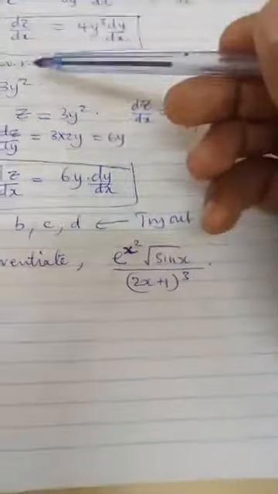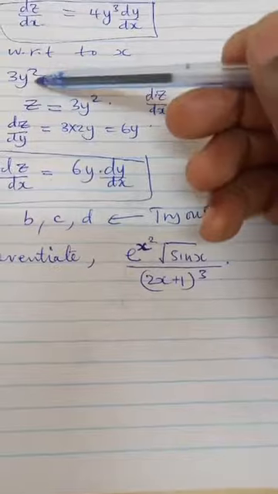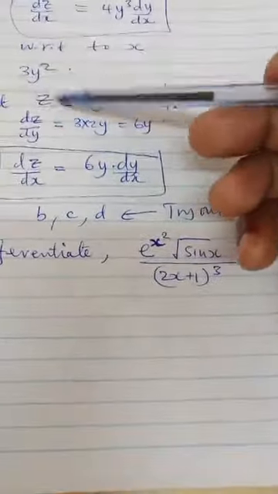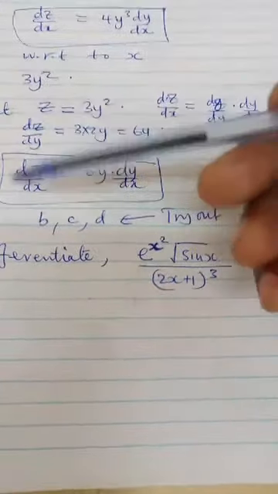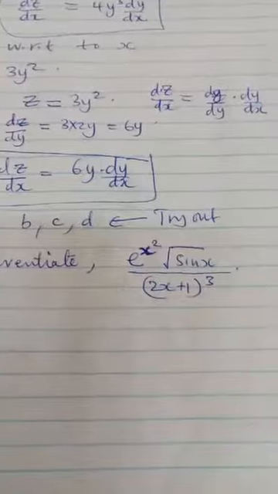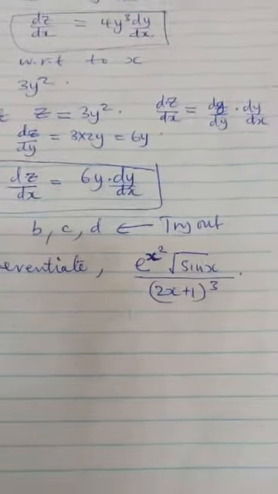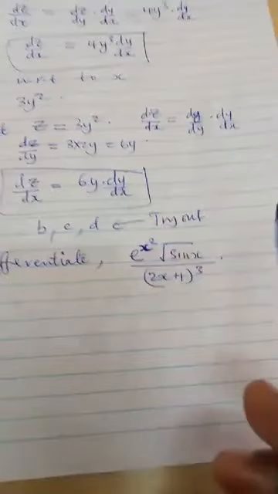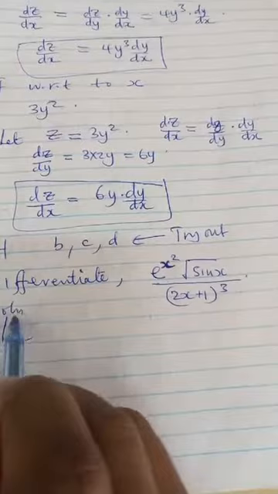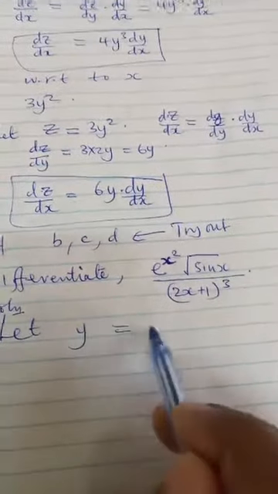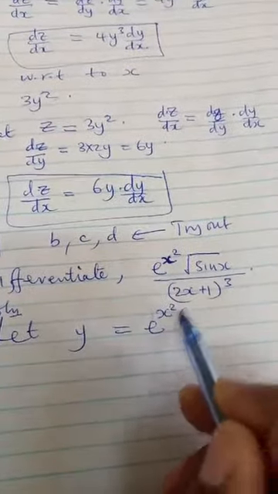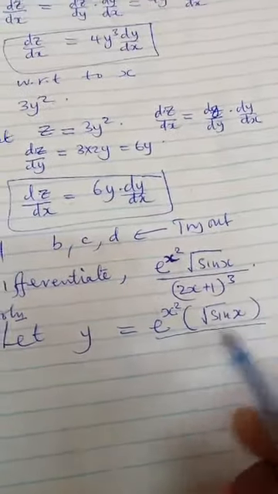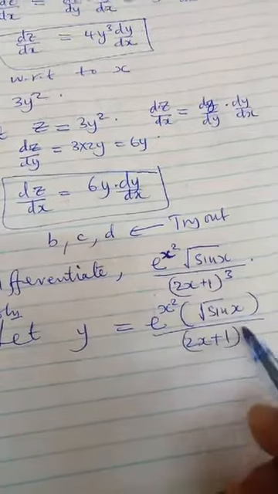If you are given a function in z, in y, you must introduce another function which is not x. That's why we are using z up here. And we are actually looking for dz dx, even when x is not part of the function given. Here, if it is purely in x, then we will let y be equal to that function. e to the x squared, the square root of the sine of x, over 2x plus 1 cubed is our y.